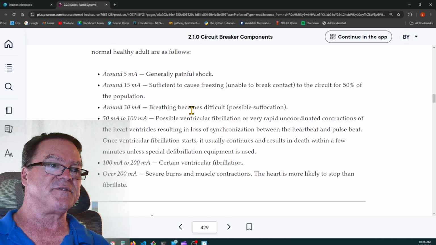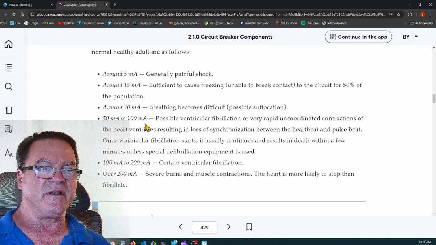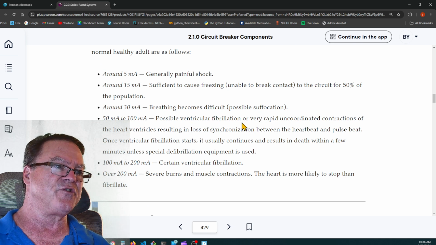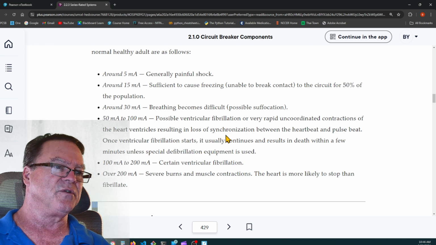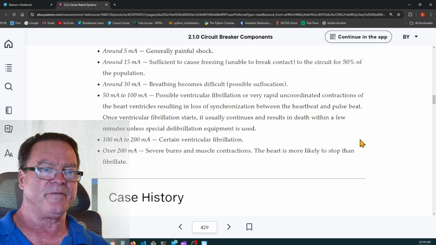Around 30 milliamps, breathing becomes difficult, possible suffocation. 50 to 100 milliamps is possible ventricular fibrillation, or very rapid uncoordinated contractions of the heart ventricles, resulting in loss of synchronization between the heartbeat and the pulse beat.